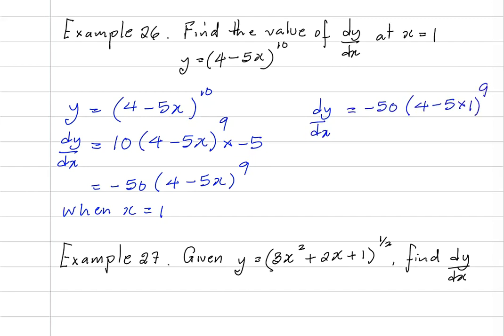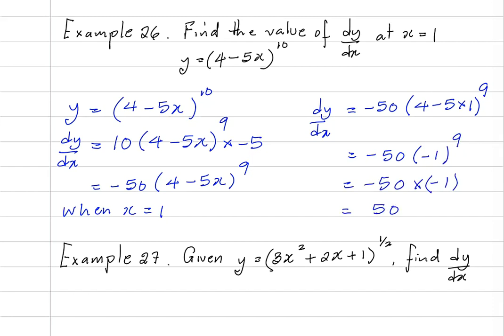So what we have there is minus 50 times minus 1 to the power 9, which is minus 50 times minus 1, which is equal to positive 50.